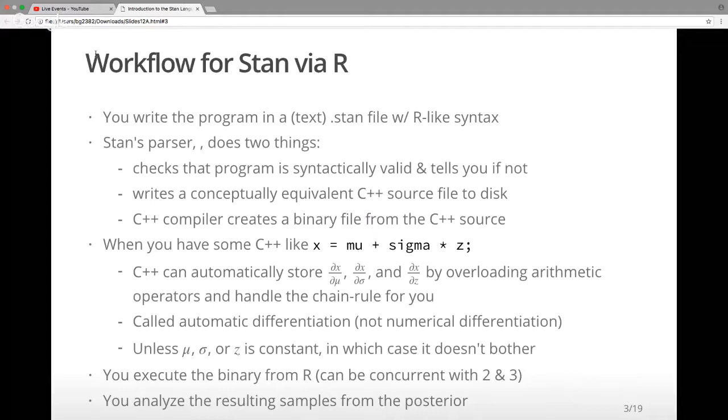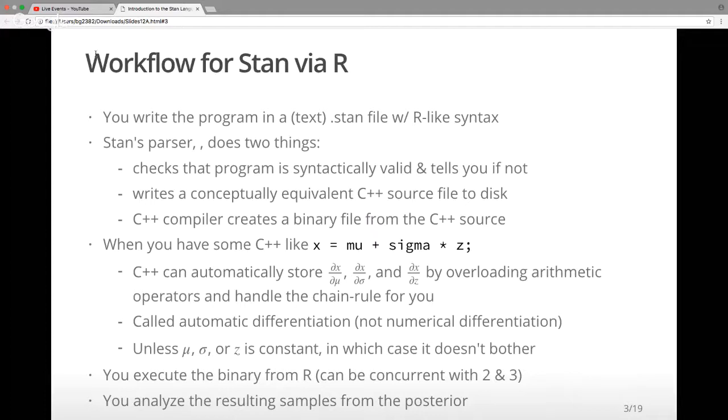The difference is, or a difference is, with RStanArm and BRMS, the R side of the computation knows what the model is, because it's been programmed by a human in the case of RStanArm, and some combination of Paul and a computer in the case of BRMS.